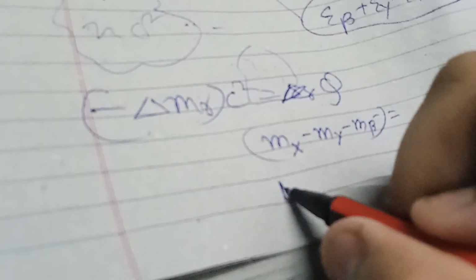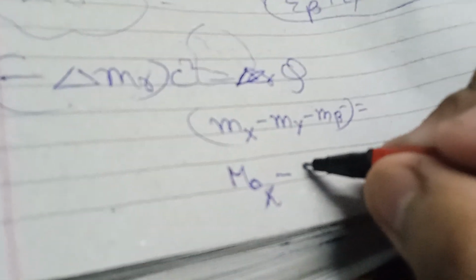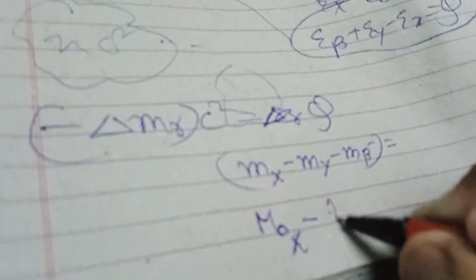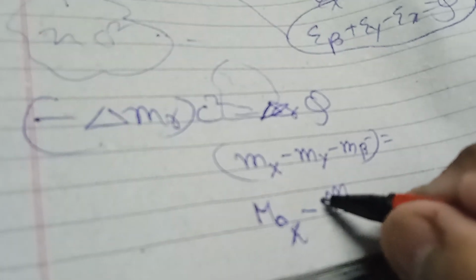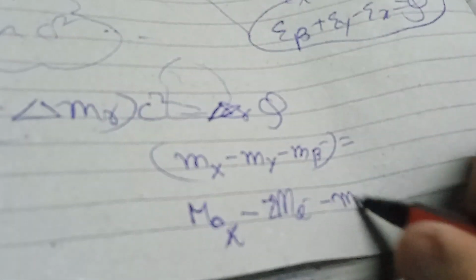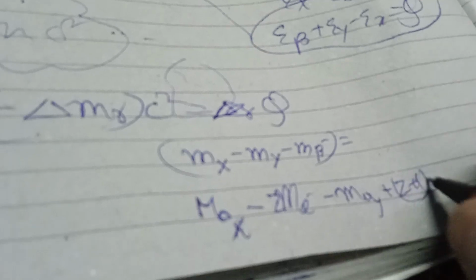So mass of X is m naught of X minus the mass of Z electrons, minus m naught of Y plus Z plus 1 electron masses.